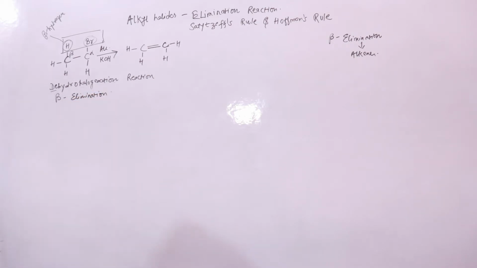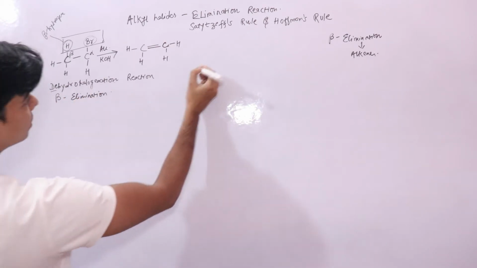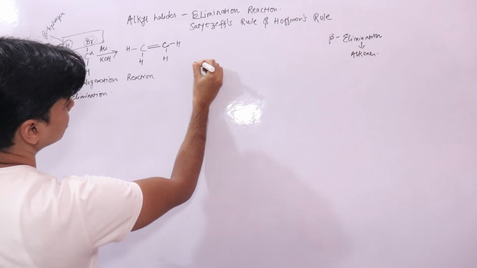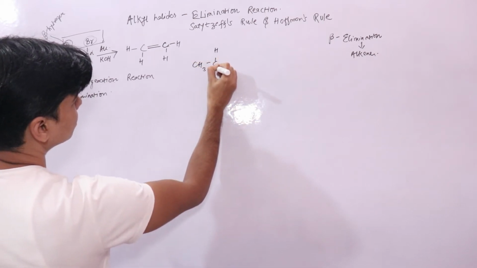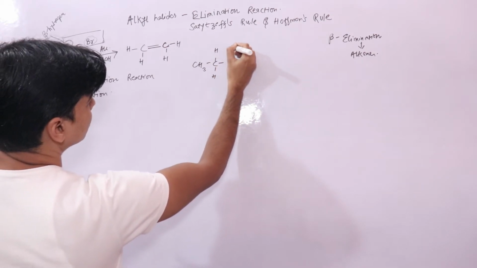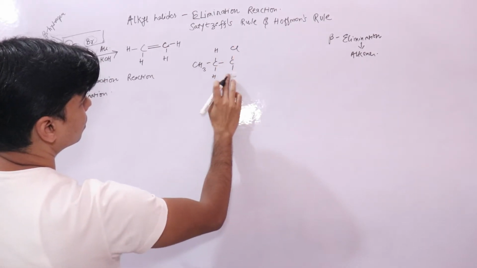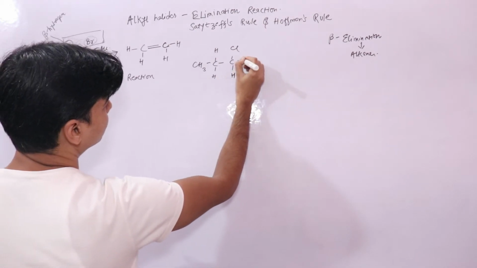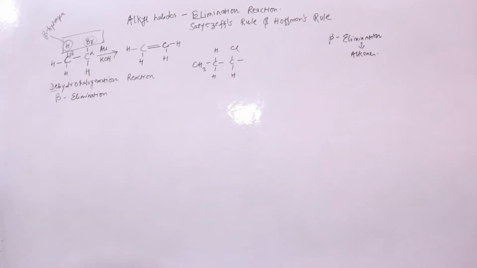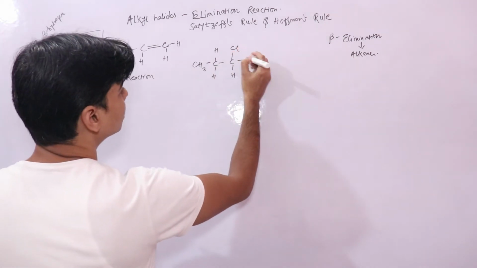Now let's take some other halide to understand it a little better. If I take this compound, CH3, CH2, then you have a halogen atom attached to this carbon atom, and a hydrogen atom.